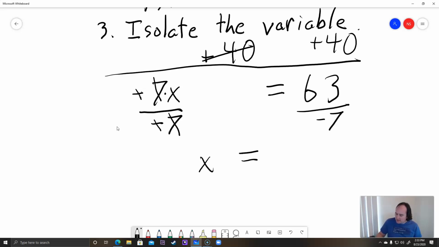On the right side, we have 63 divided by negative 7. Because there's only one minus here, we know our answer is going to be negative. And 63 divided by 7 is 9 because 7 times 9 is 63. So our answer is x equals -9.